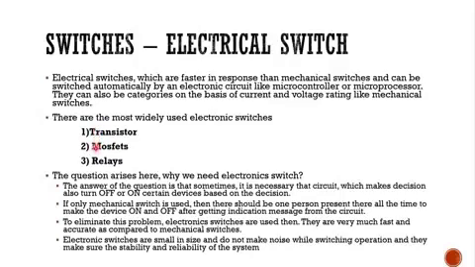So we can always consider this type of switch because they are much faster than the mechanical. And also you can see, especially the transistor, the size is smaller compared to the mechanical, and their durability lasts longer than the mechanical.